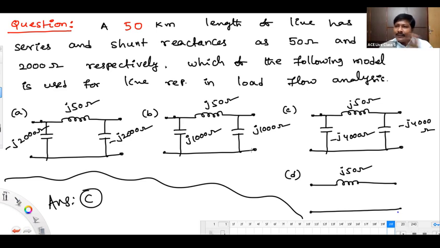We should take it into the circuit irrespective of the length of the line, and take the option as C only.